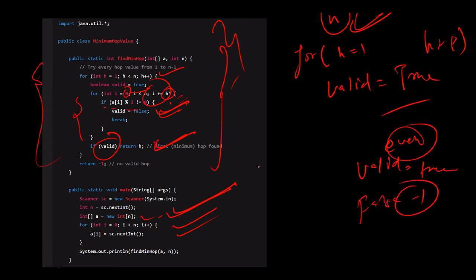We will be checking each number like 1, 2, 3, increasing every time. If in any combination we get a valid one, it will not go into the failing condition, and we will get the true value. If we get the true value, we return our hop value immediately.